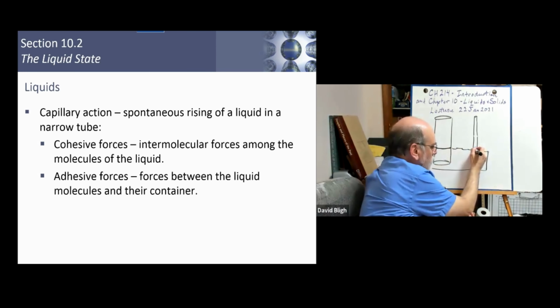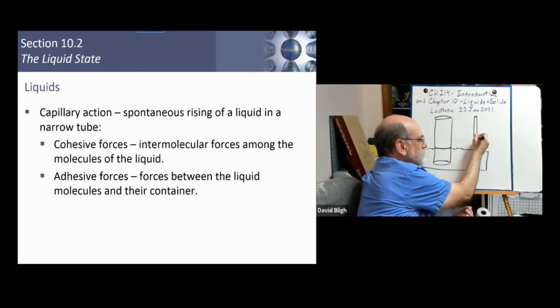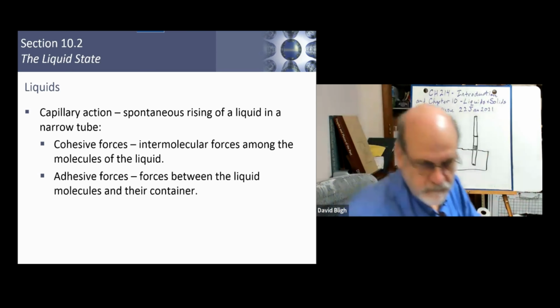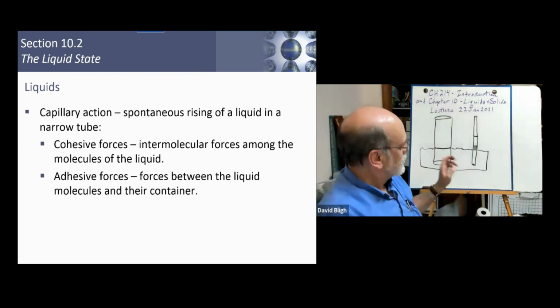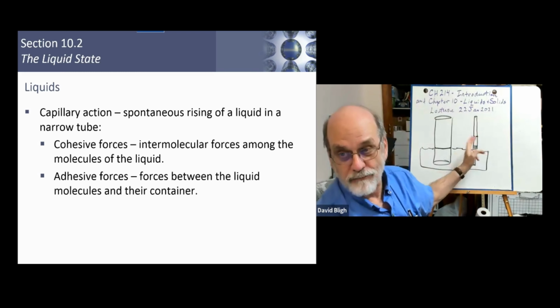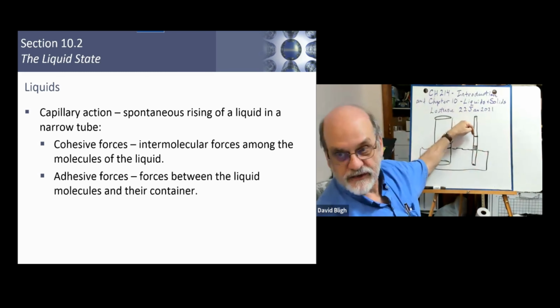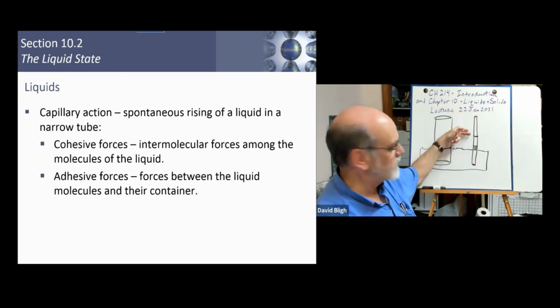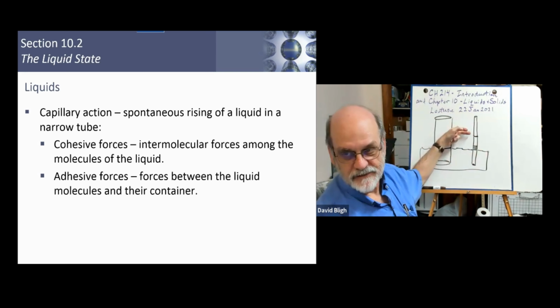So it moves up here. And then it just keeps doing that until it gets to that height. Now, what makes it stop? Well, the forces required to get it up there are now balanced by the mass of the water above the surface.